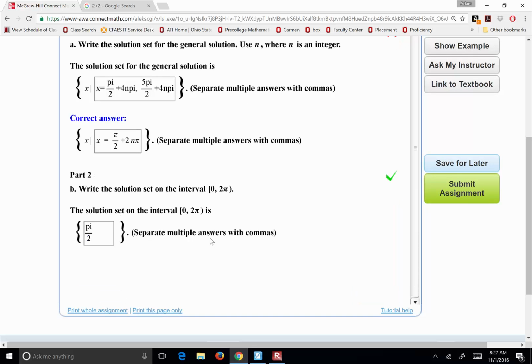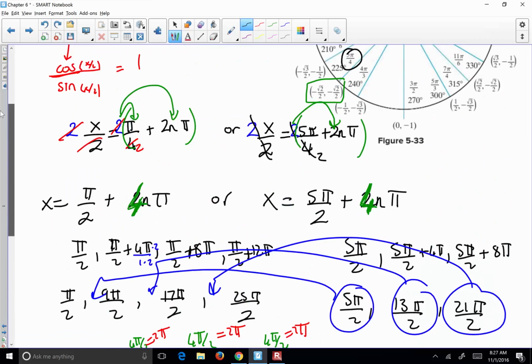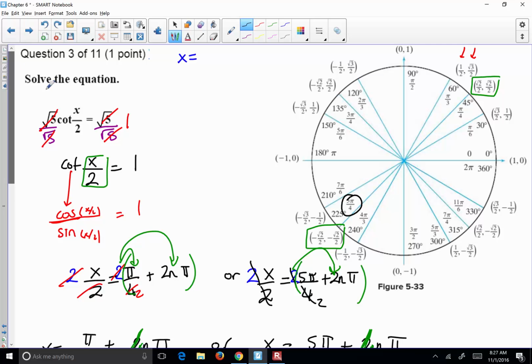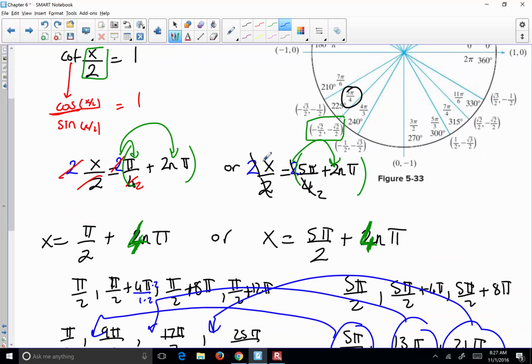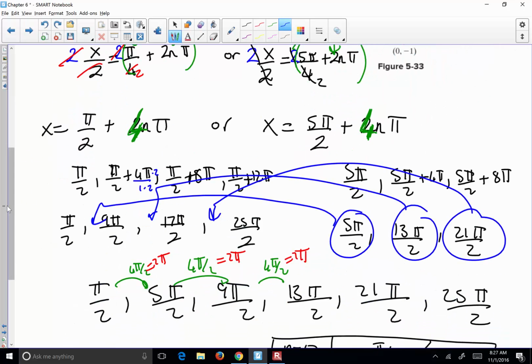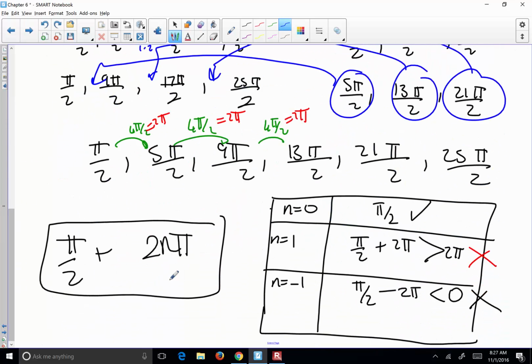Okay? Alright, here is another lesson we got. If you have a ratio type of equation, x over 2, where your angle is divided by a whole number, eventually we need to multiply both sides and combine solutions into a better, simpler format.